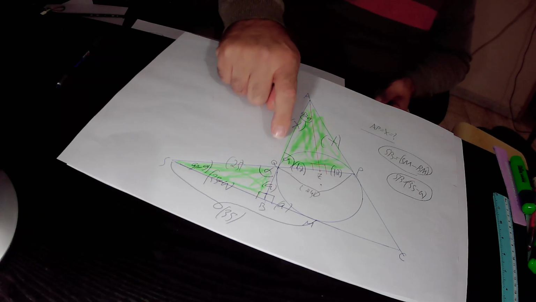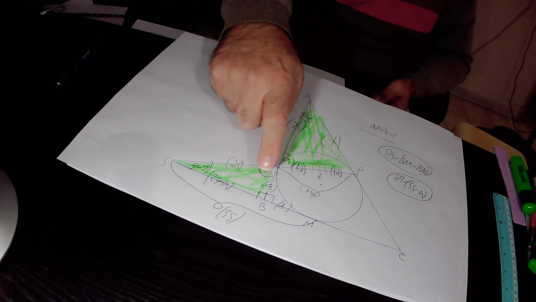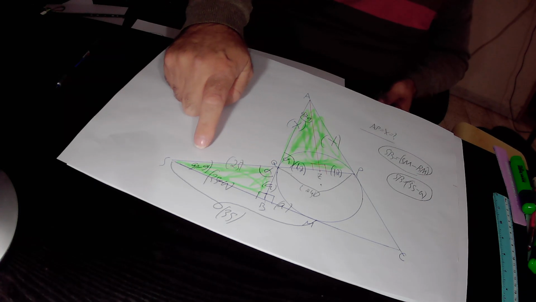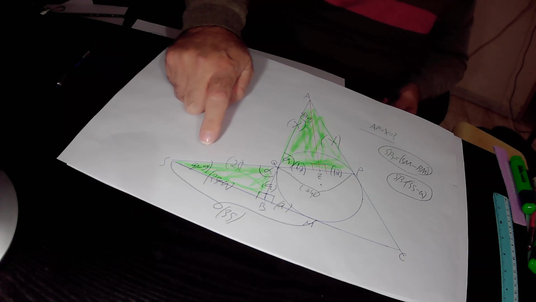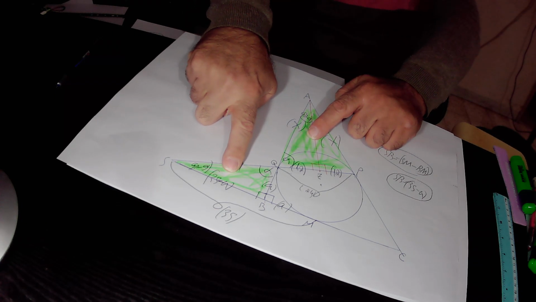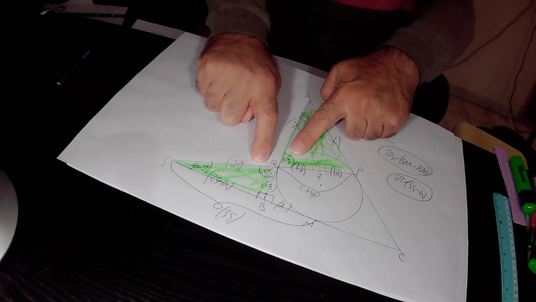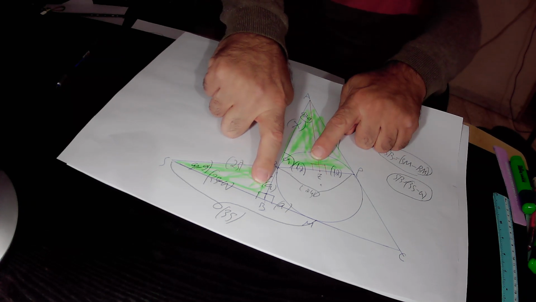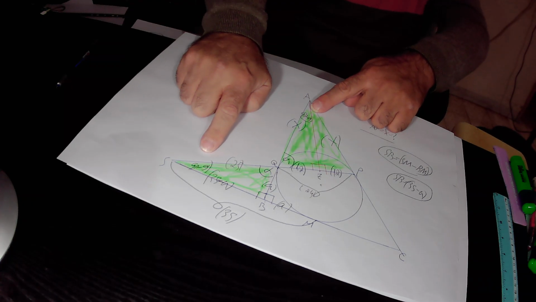Likewise, in this small green triangle QSB, this angle equals alpha, this angle equals 90 degrees, and therefore this missing angle must be equal to 90 degrees minus alpha, according to the rule that the sum of the angles in any triangle is equal to 180 degrees. Those two green triangles are similar to each other according to angle similarity. Those two angles are both equal to alpha, those two angles are both equal to 90 degrees, and those two angles are both equal to 90 degrees minus alpha.